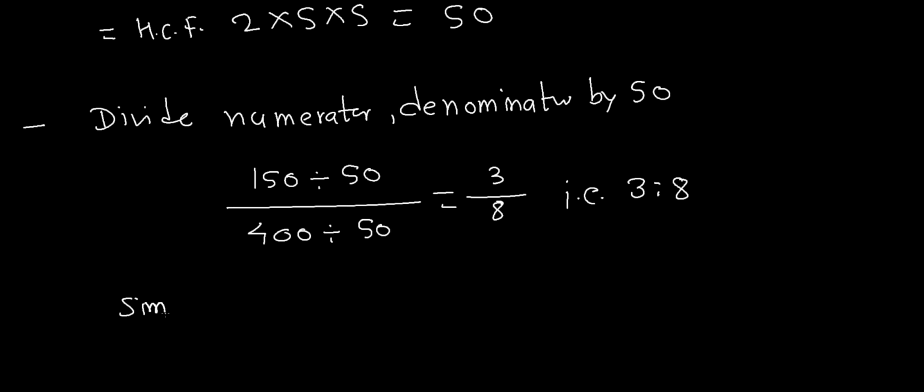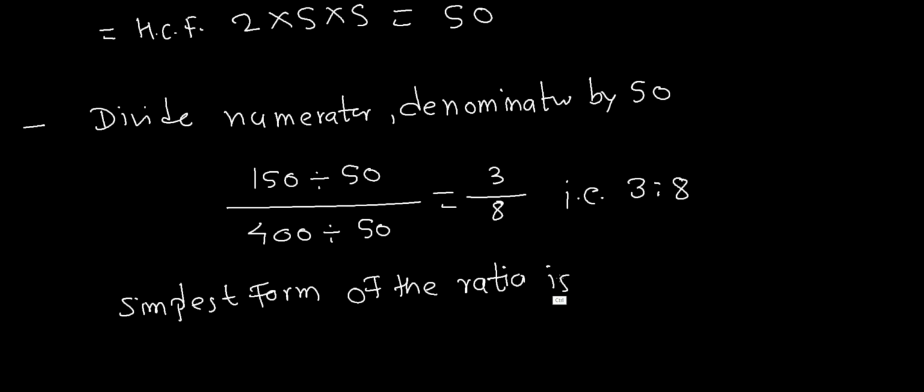So the simplest form of the ratio 150 to 400 is 3:8.